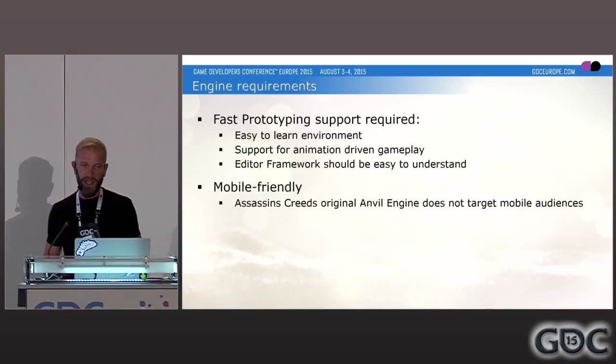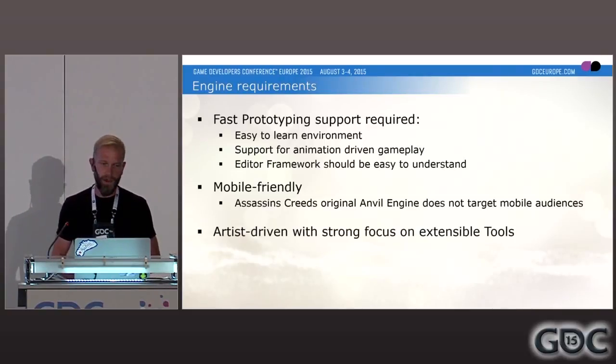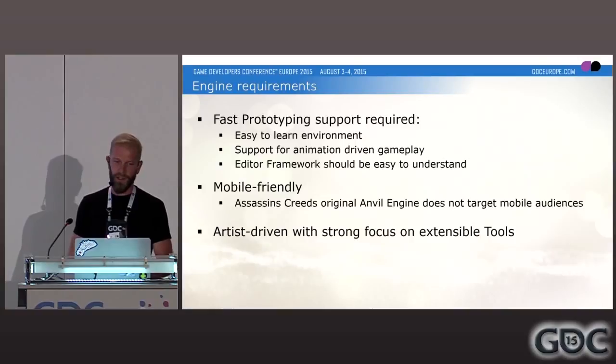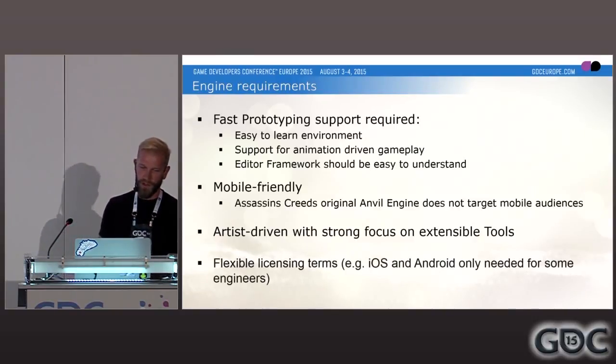We also needed an engine that supports mobile, because Assassin's Creed is done using the Anvil engine, as you might know. But the Anvil engine is not made for mobile, so we needed to do something else. And it should be artist-driven, with a strong focus on being extensible so an artist can use it without too much tool coding support.